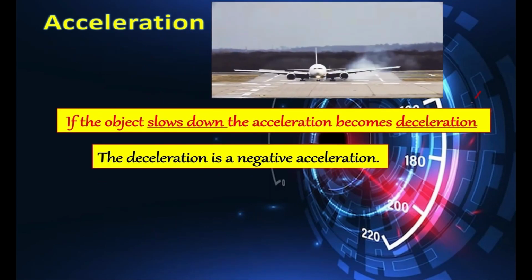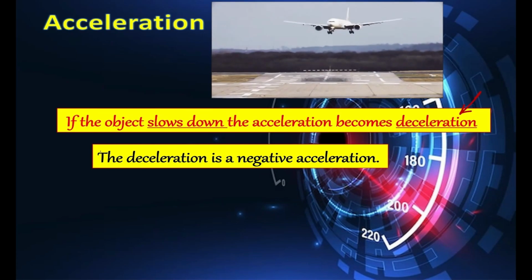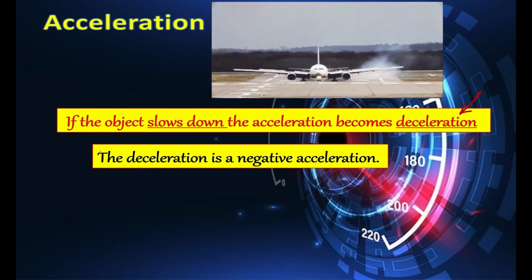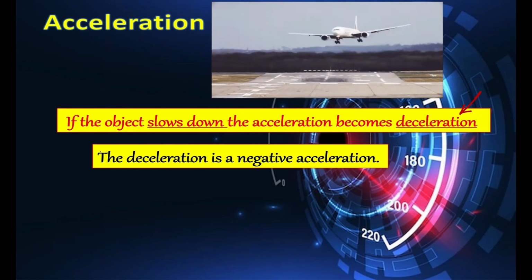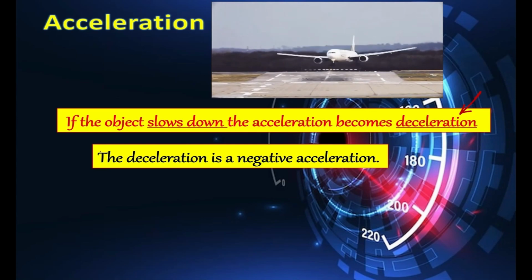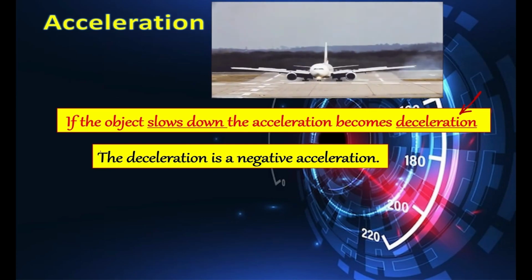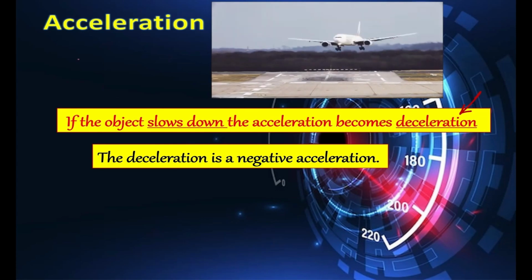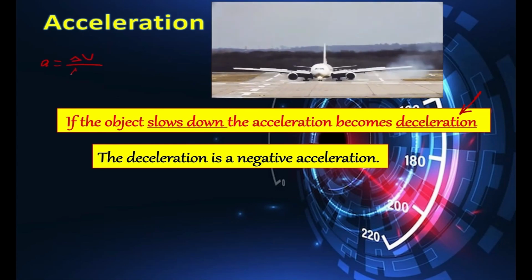So if the object slows down, the acceleration will be called deceleration. What is the difference between acceleration and deceleration? Acceleration is general, but if we want to talk about deceleration, it means the acceleration with a negative sign. If we are calculating the acceleration, we calculate the deceleration using this. Don't forget this: a equals delta v, change in velocity, over time.